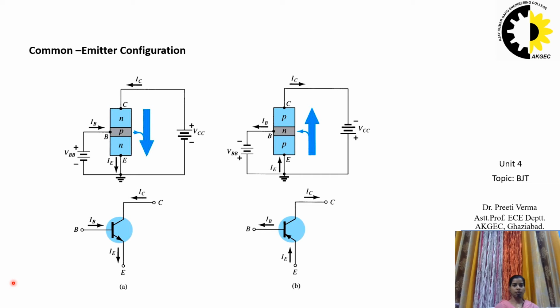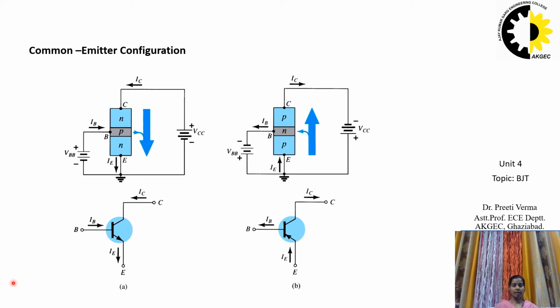So coming to the second diagram, that is representing the PNP common emitter configuration, in which the emitter is common. The circuit connections will be the same as NPN, with the difference in the battery polarity and the direction of current.